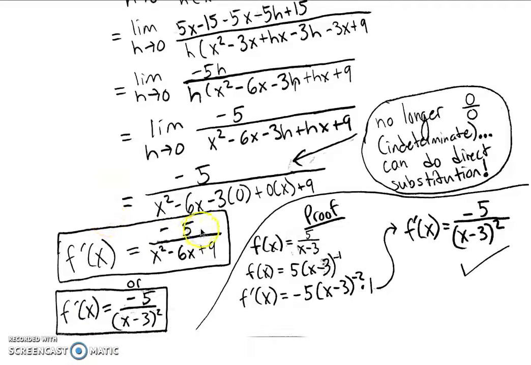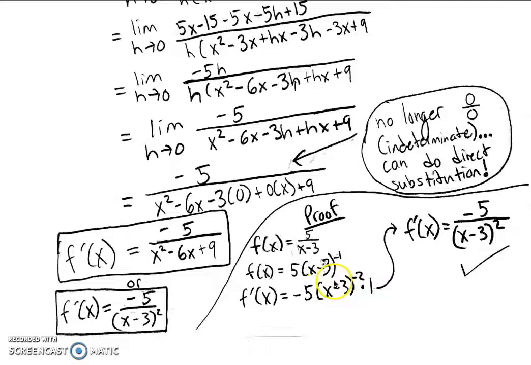And as you can see, I get an answer, f prime of x is equal to -5 over x squared minus 6x plus 9. We can rewrite that, or just another form of simplifying, as -5 over (x minus 3) squared. And over here is my proof of that. You can rewrite f of x as 5 times (x minus 3) to the -1.